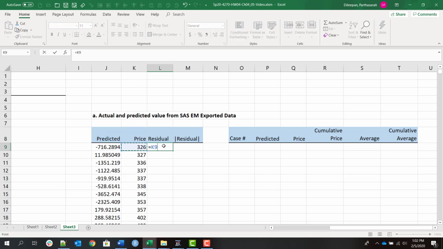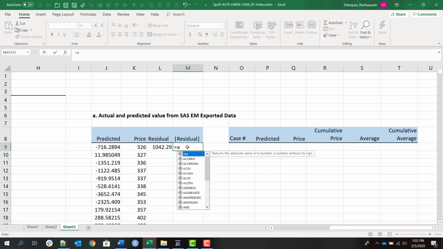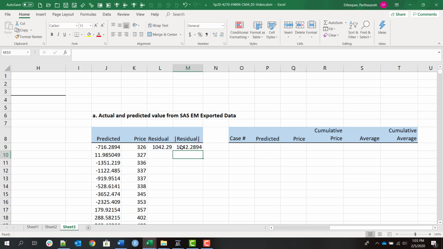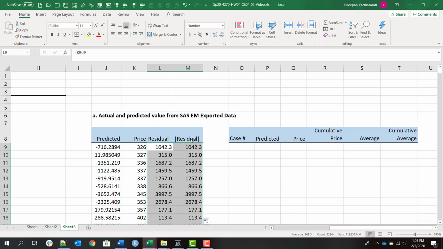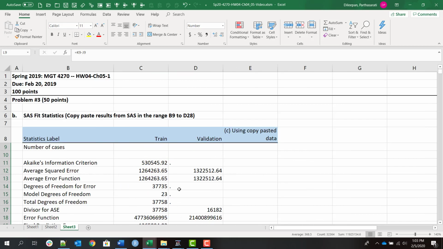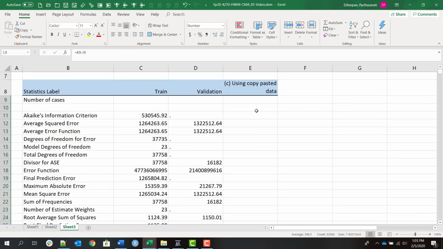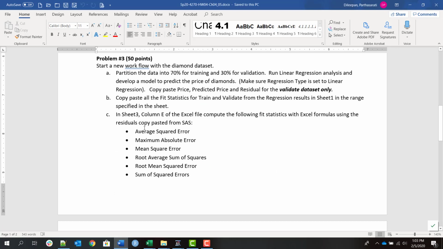So now actual target and predicted target will give you the residual, and absolute residual will give you the absolute value of the residual, and then you copy to the rest of the cells and use these to compute these values.